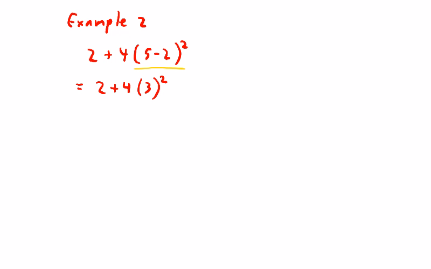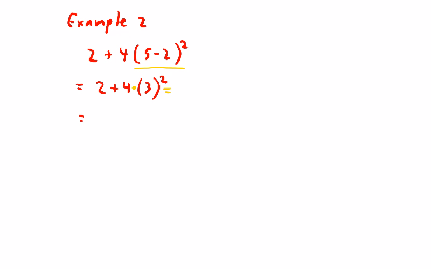Now, according to our order of operations, the next thing that we better look at is the exponent. So we have 3 squared, or 3 times 3. That would be 9. And also, let's make sure we remember from what we had covered before, there is an implied multiplication sign right there.